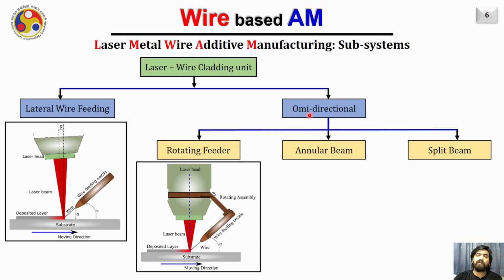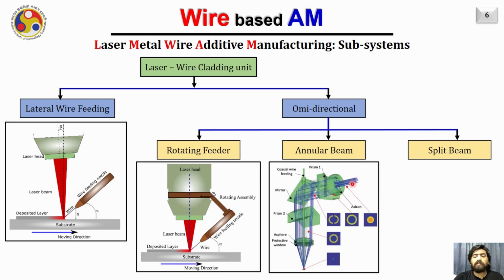Another possibility for an omnidirectional laser wire cladding unit is the utilization of the annular beam. When the annular beam is utilized, the laser beam is first converted into a hollow beam, as you are seeing here in this diagram.